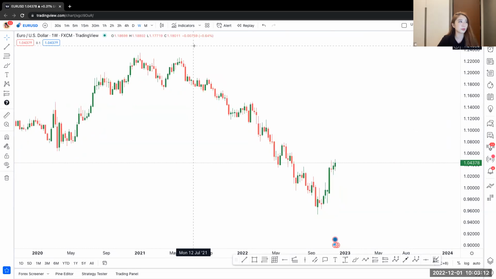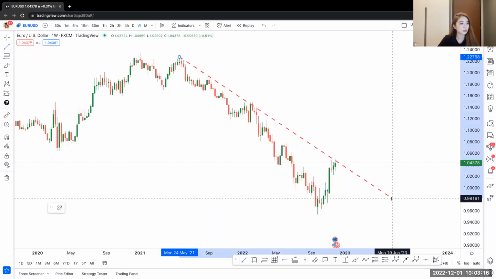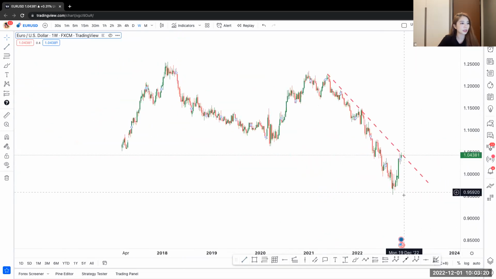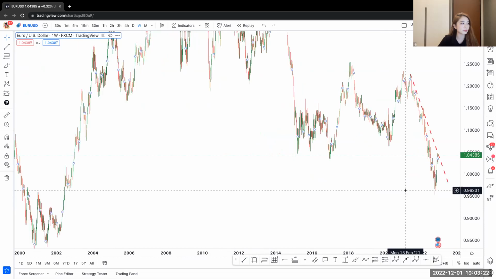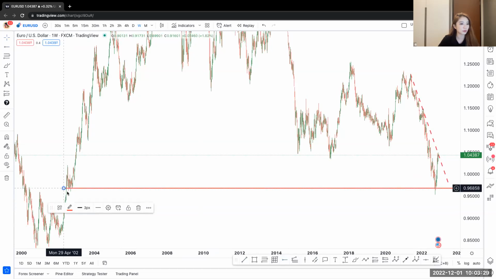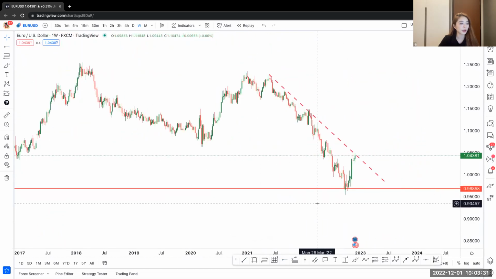Let's start with the weekly chart right here. We have a previous downward sloping trend line that is still ongoing, seemingly trying to move upwards. I'm just trying to see whether there is any historical support over here. I'm seeing a historical support over here.